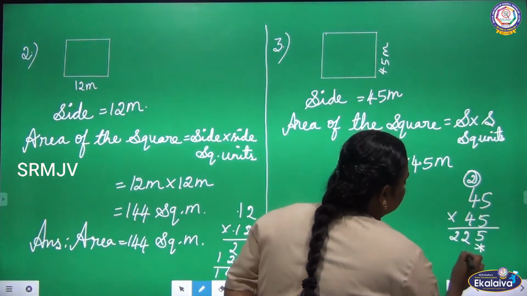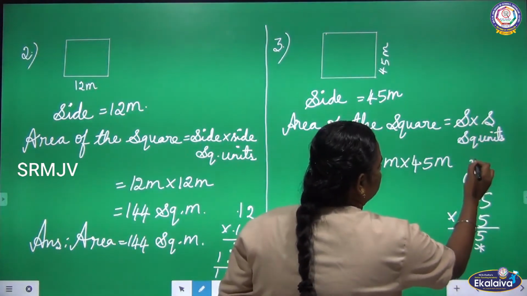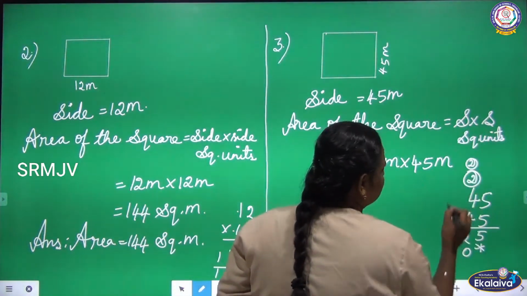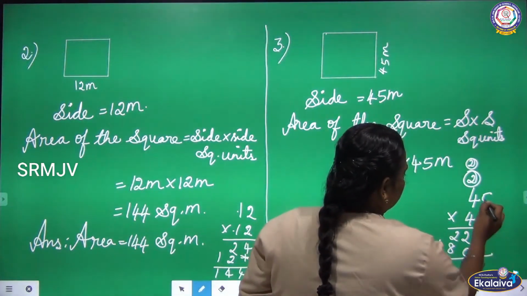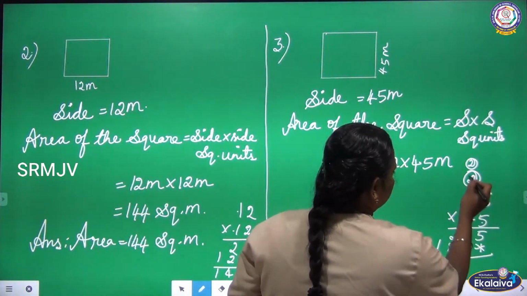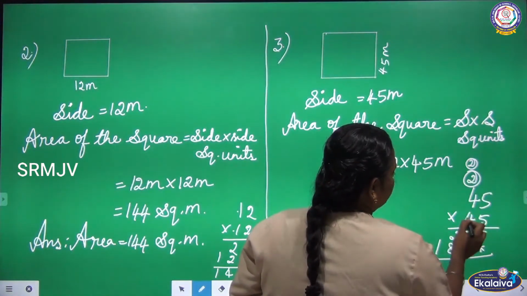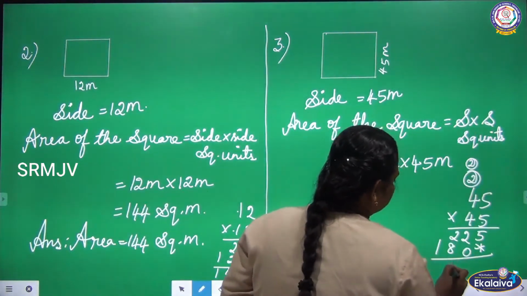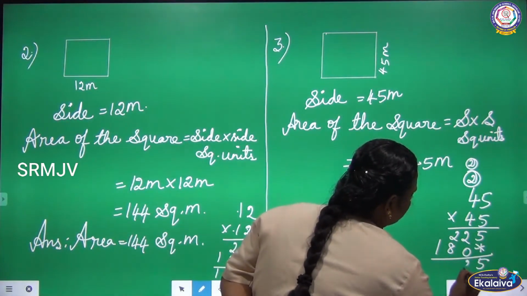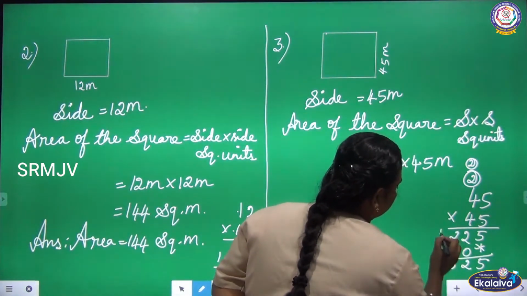Next, 4 5s are 20, 0, then 2 carry over, 4 4s are 16, 16 plus 2, 18. So 5, 2, then 0, 1.